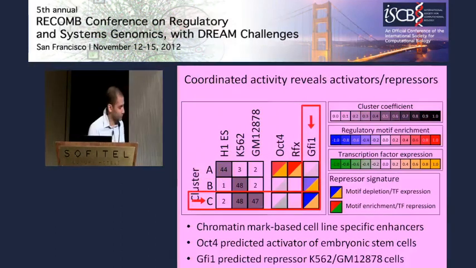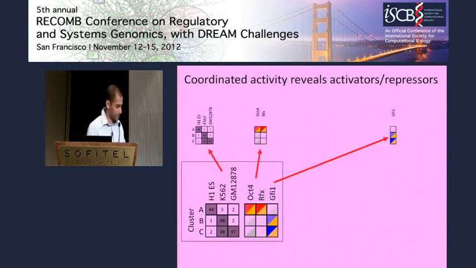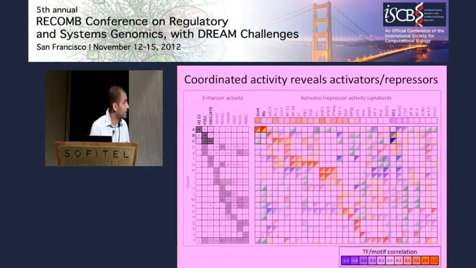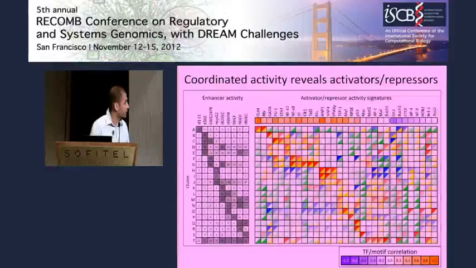Conversely, what we see for GFI1 is that it is expressed in K562 and GM cells, but its motif is depleted. So what we would predict here is that OCT4 is an activator in H1ES, whereas GFI1 is a repressor in K562 and GM. And of course, we have more than just 3 cell types. We have many cell types here. Looking at 9, we predict a number of activators and repressors for each of these cell types.